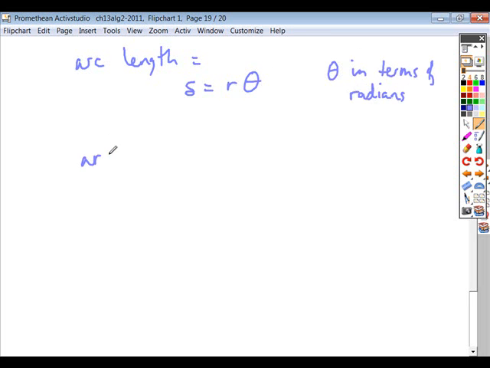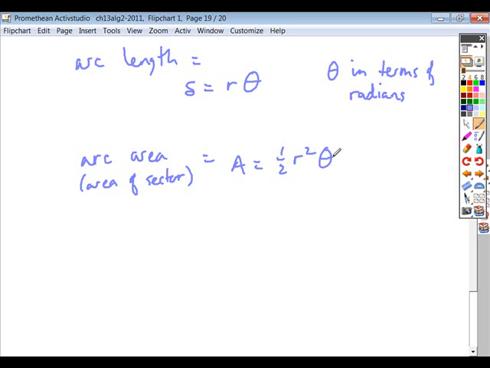Okay, and then the other measure that you have to have is the arc area. This is called the area of a sector, and that's designated by the area, capital A, is equal to 1/2 r squared times theta.